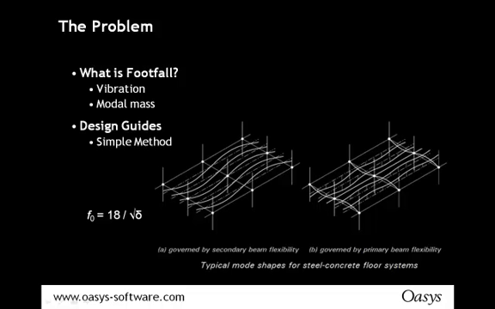This of course assumes that your structure is similar to the example structure, which it might be, but let's face it, regular structures are quite unusual, and so there's an awful lot of assumptions being built into the simple methods, and thus the answers you get out could be very conservative or they could be very unconservative, and it's very difficult to know which way they go.